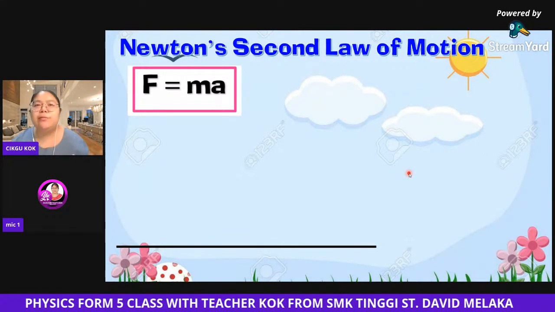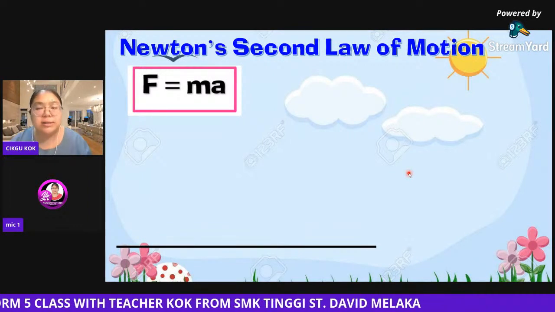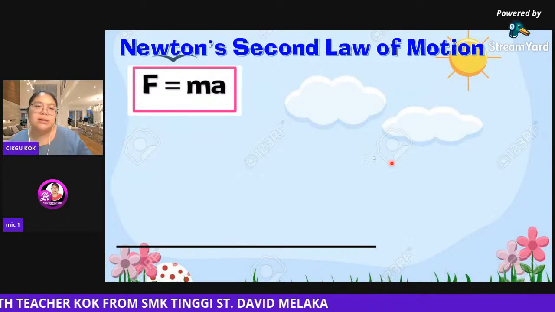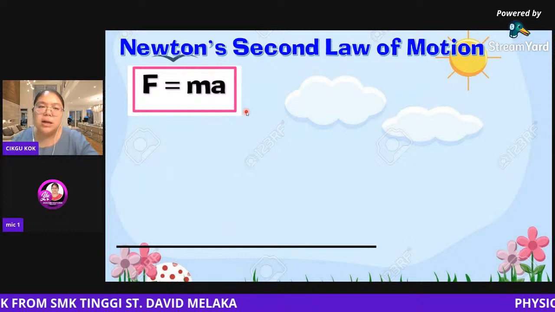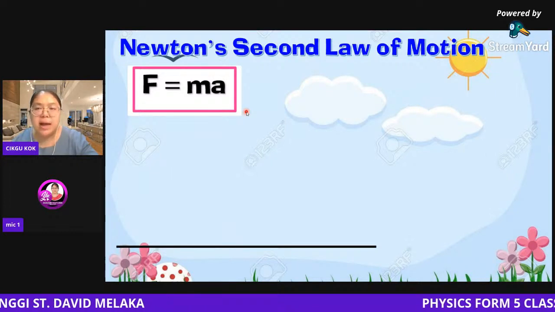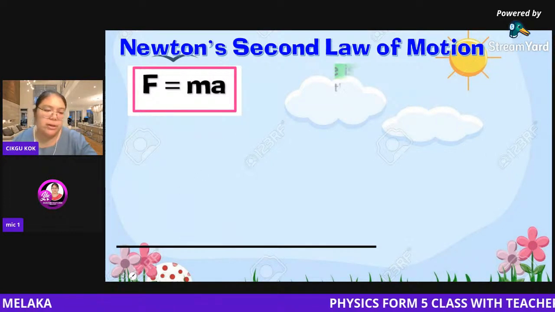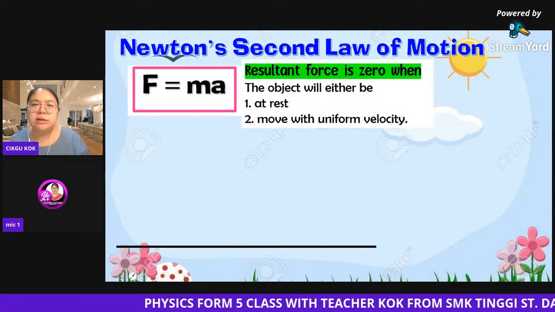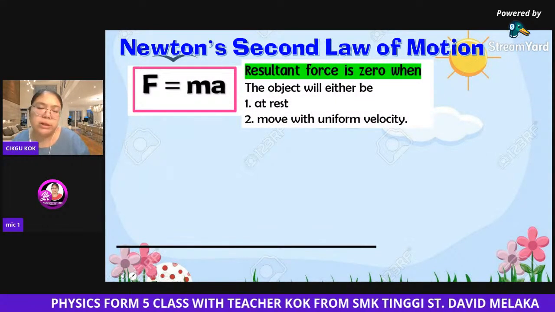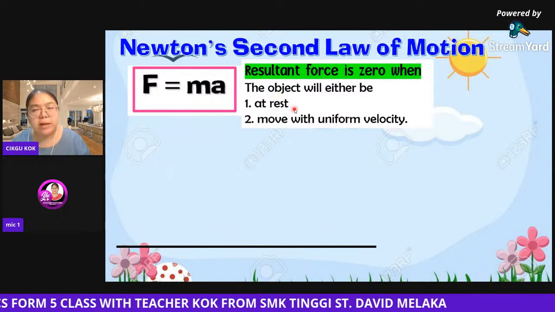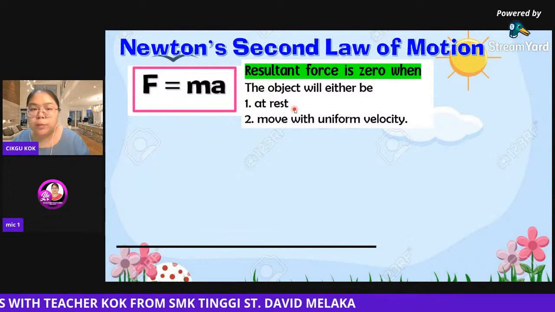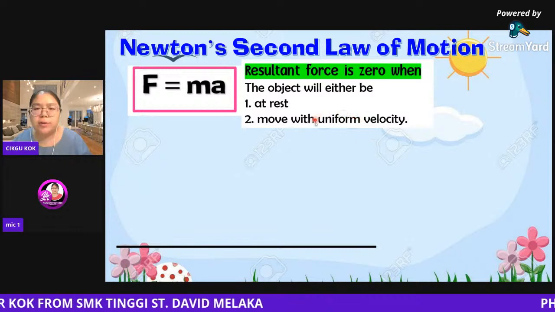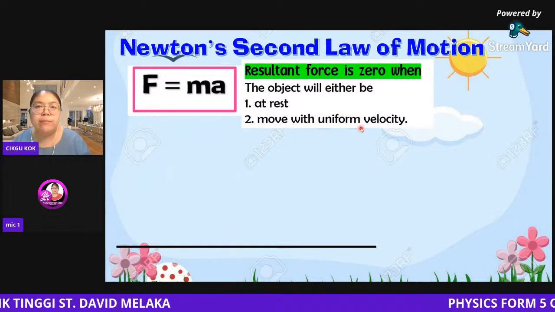So today we are going to cover just the second law. The second law is force equal to mass multiplied by acceleration. So from here, resultant force is zero, and we just have two situations. One is at rest, when the object is not moving. Another one, you can see the keyword uniform velocity.